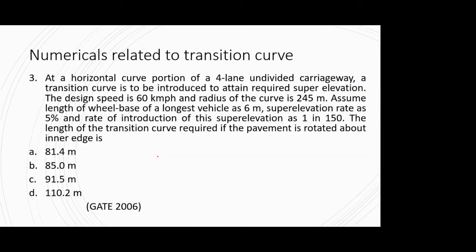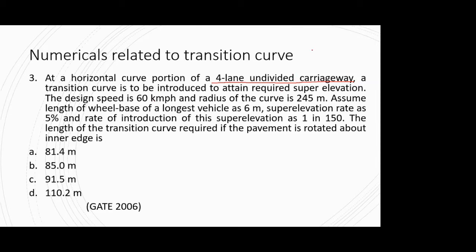The next numerical is from a competitive exam, GATE 2006, and it is pretty much straightforward. You can see that at a horizontal curve portion of a 4-lane undivided carriageway. Now this is one important data that they have given, 4-lane undivided carriageway.